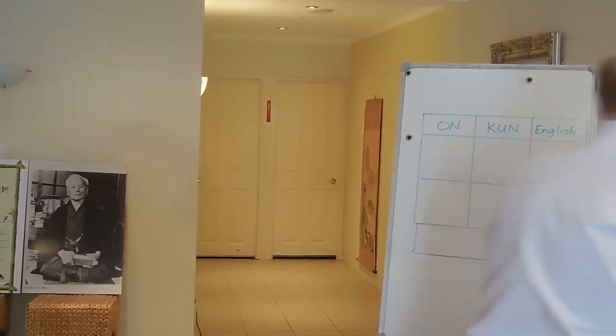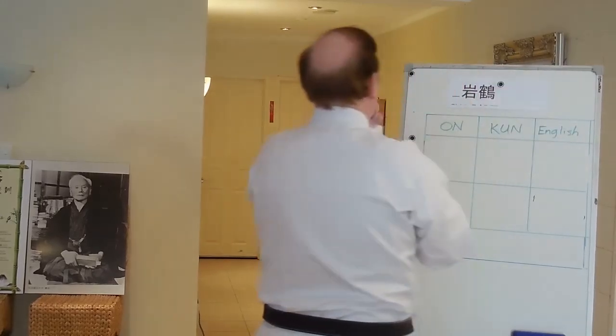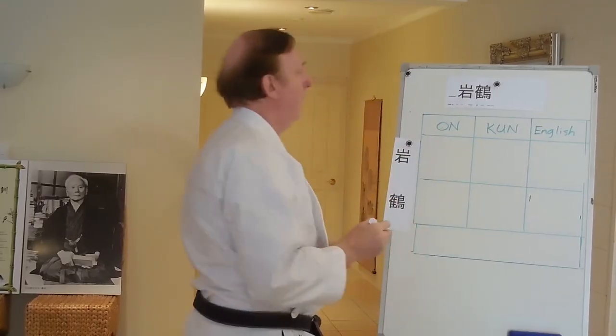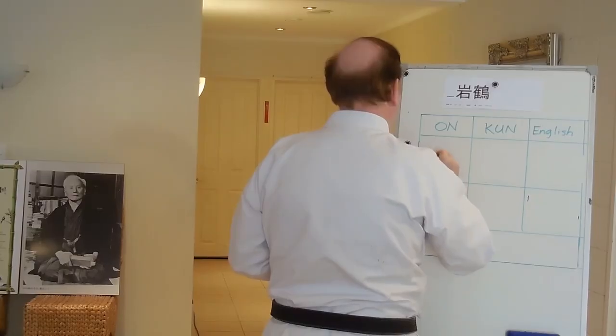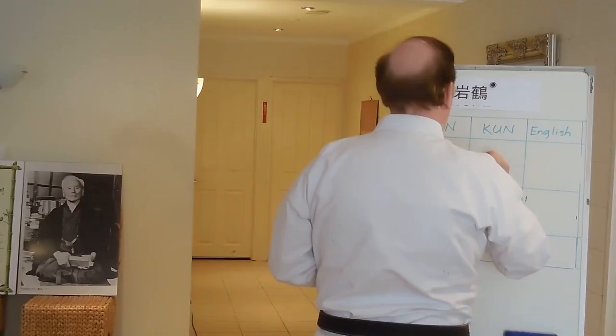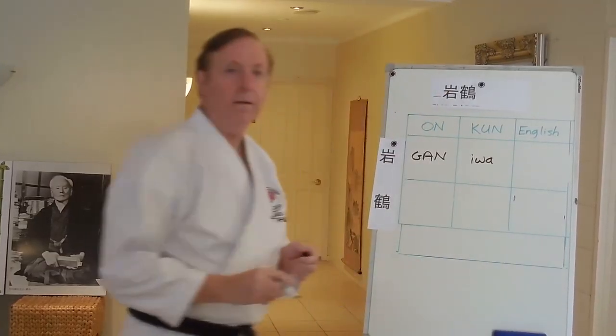And the next one we're going to put up here is gankaku. First of all, for gankaku, we have gan, the on reading, and that translates into Japanese as iwa.